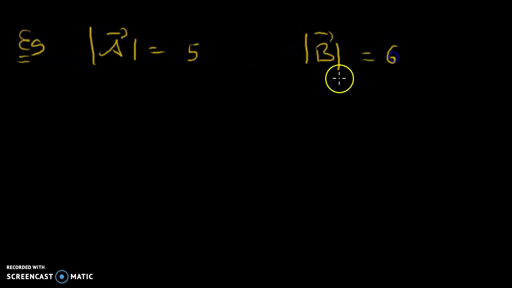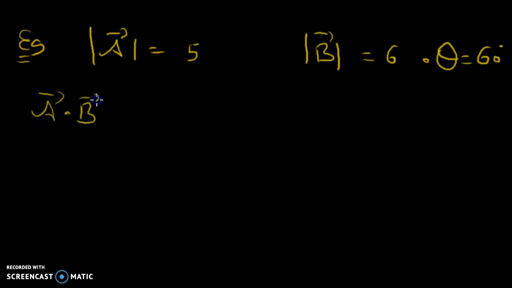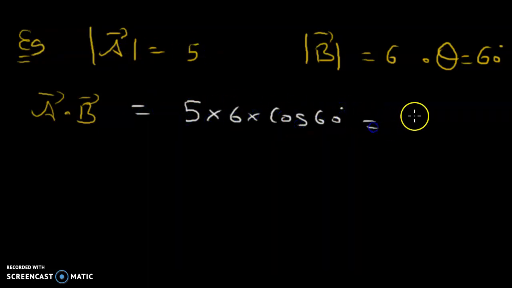And for example, an easy problem: there is a vector a having magnitude 5, and another vector b having magnitude 6, and the angle between them is 60 degrees. So what is the dot product a dot b? It is nothing but 5 into 6, and cos 60 is half, so that would be 15.